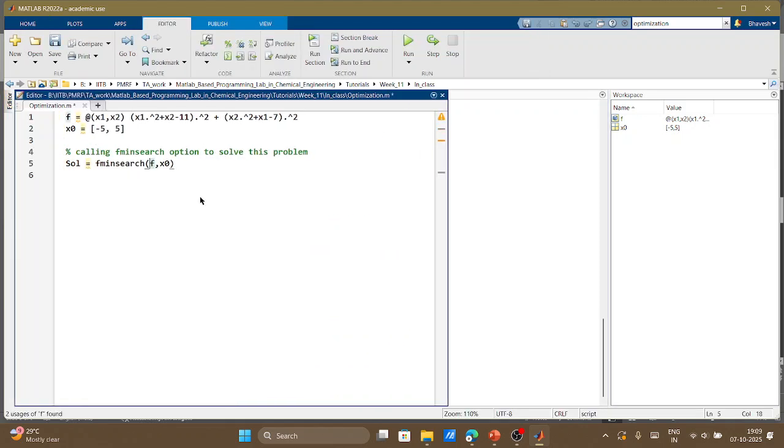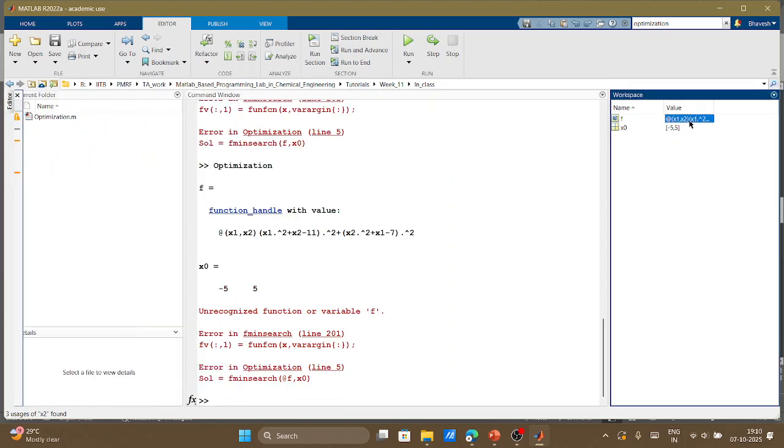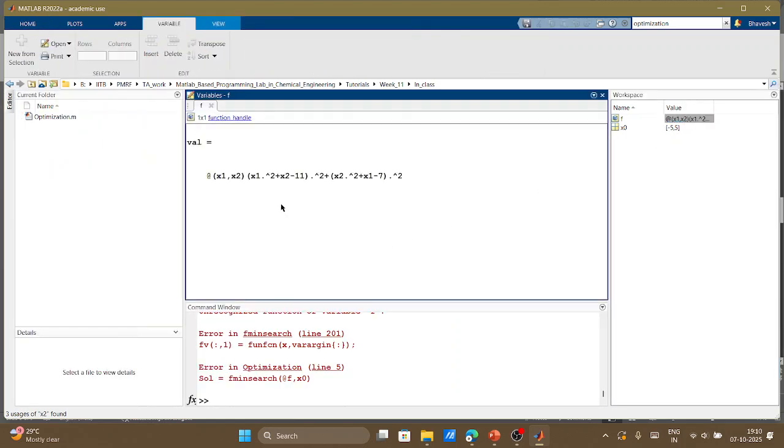It should not be there. This has been created perfectly.